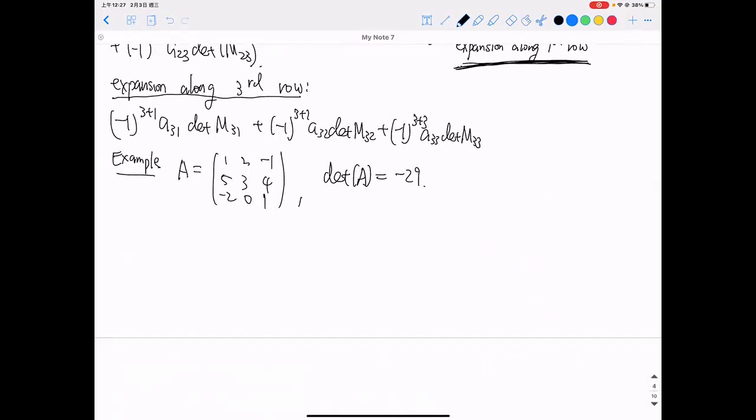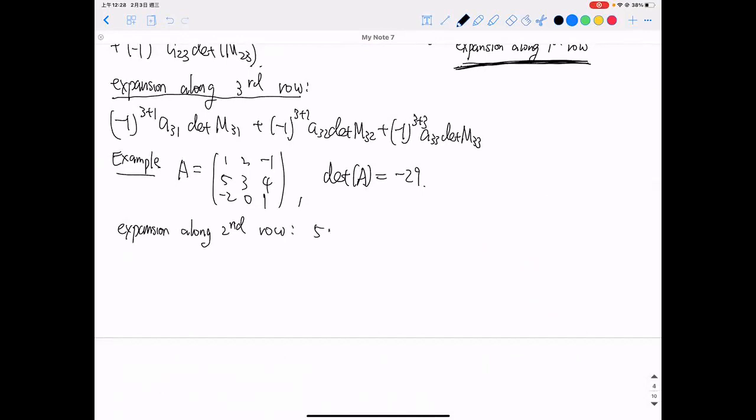Yes, now let's do that. Now the second expansion along the second row is computed as follows.